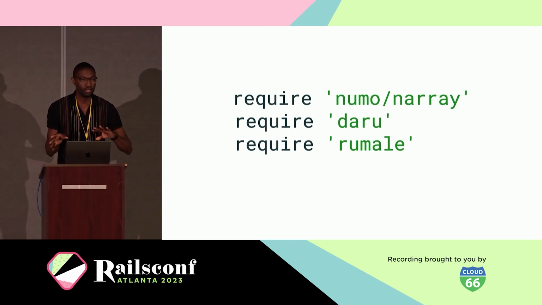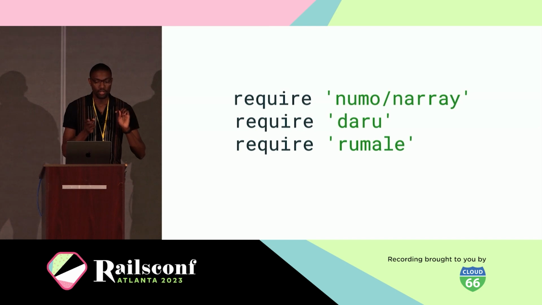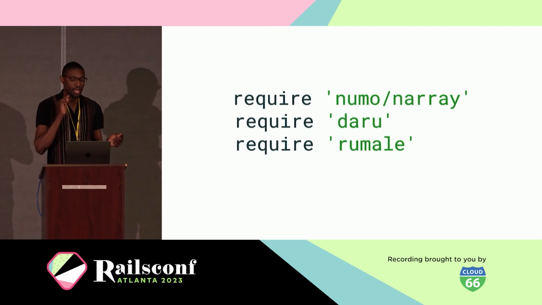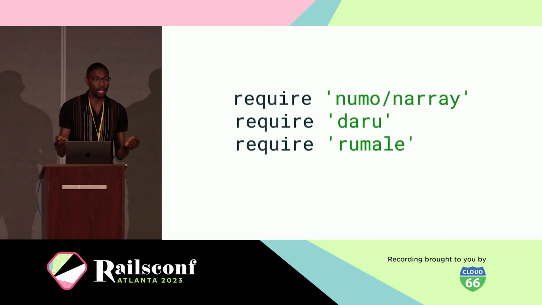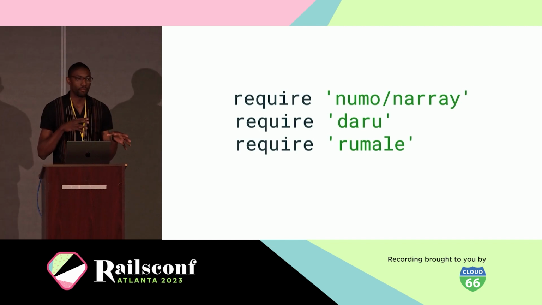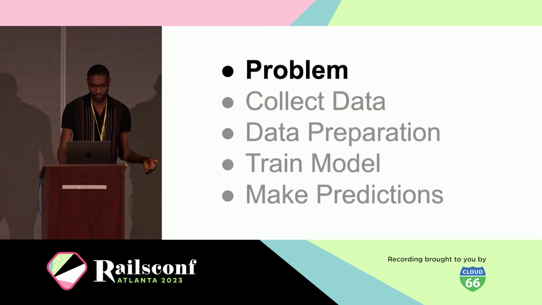I'm not sure how familiar you are with Python, but Numo and Daru have synonymous Python libraries, numpy and pandas, so those are the replacements. And Rumale is a gem that allows you to use different machine learning algorithms.